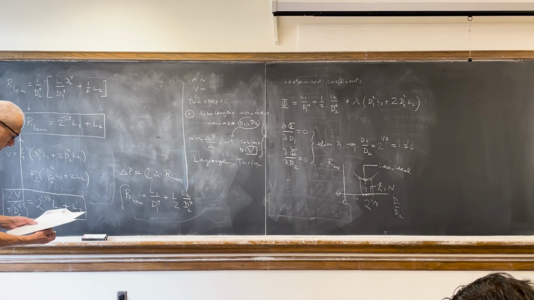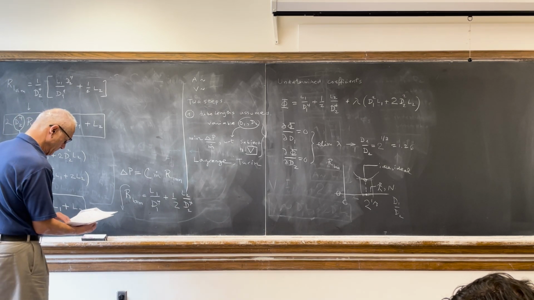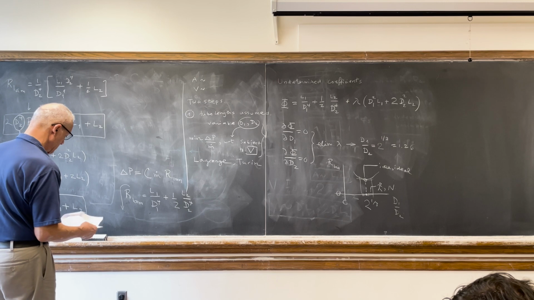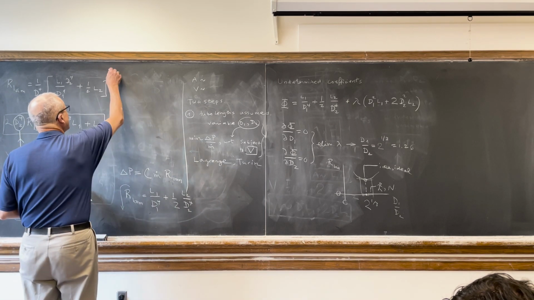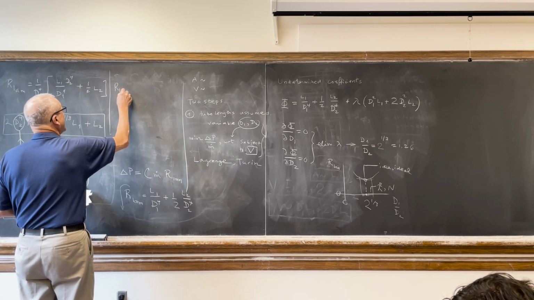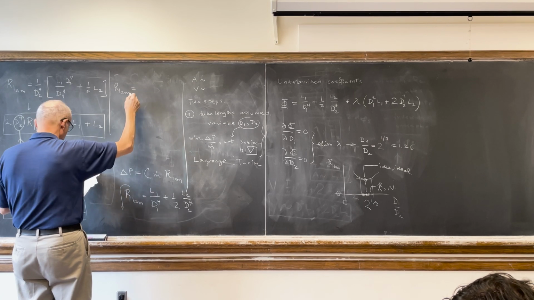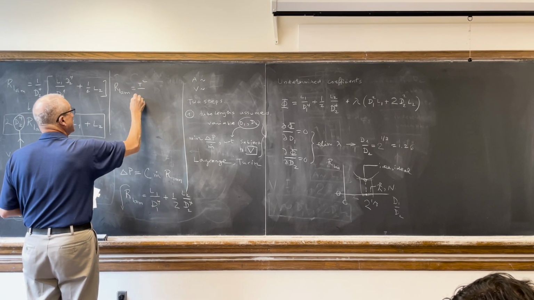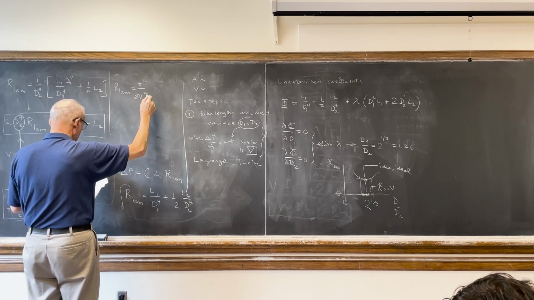And that result is written this way: pi squared over 8 v squared.